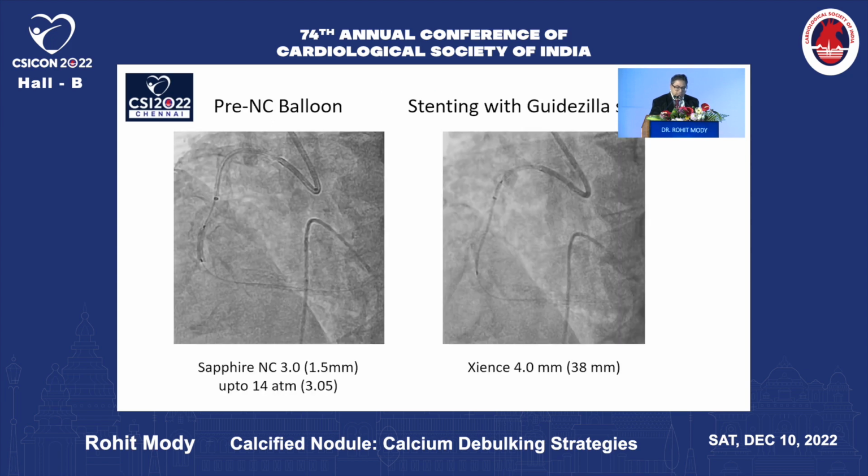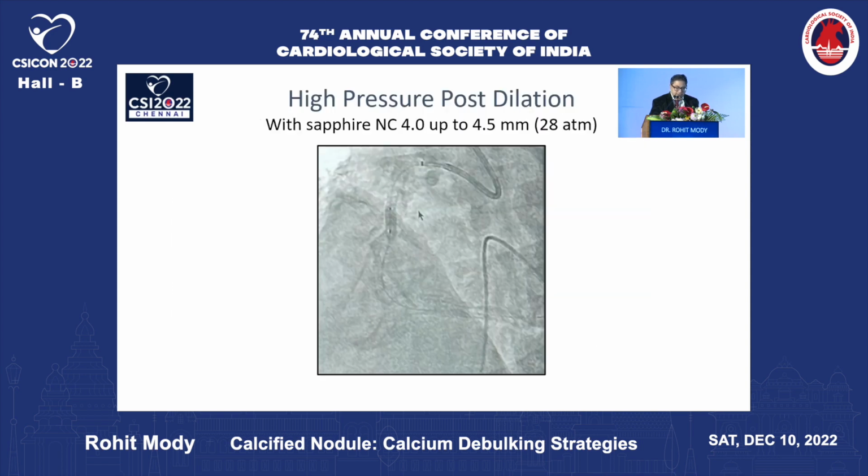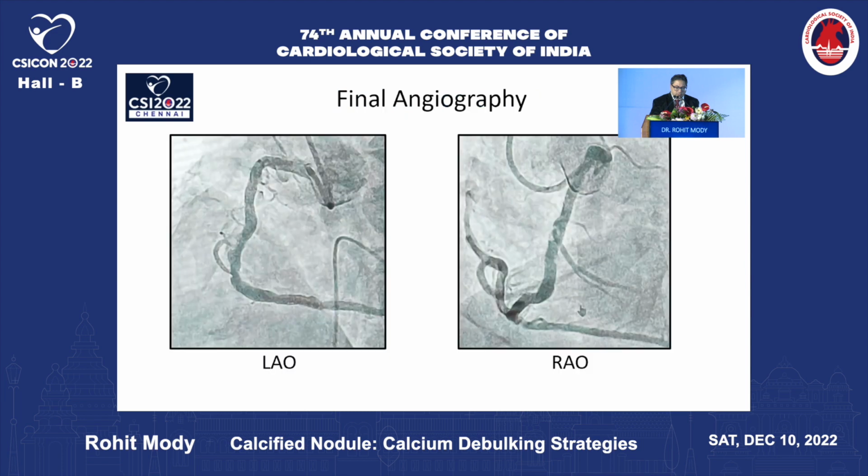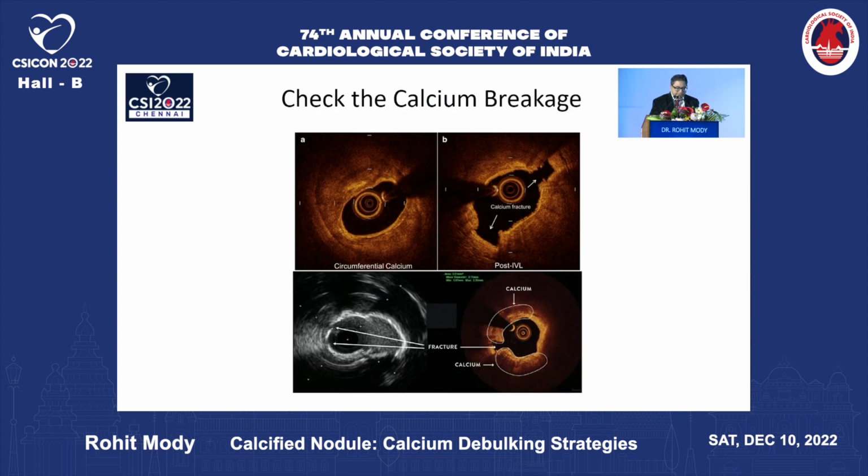This is the post rotablation, and this is the post dilatation, and a stent with Guidezilla support, high pressure balloon dilatation up to 4 to 4.5, and this was the final angiography.